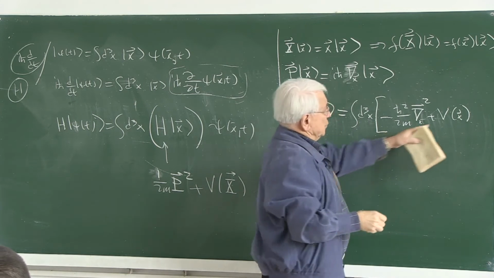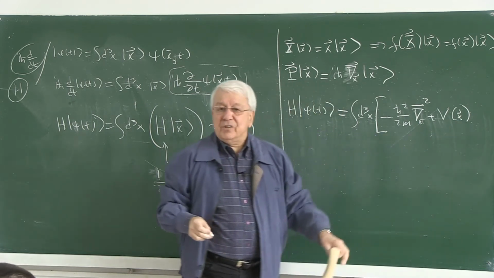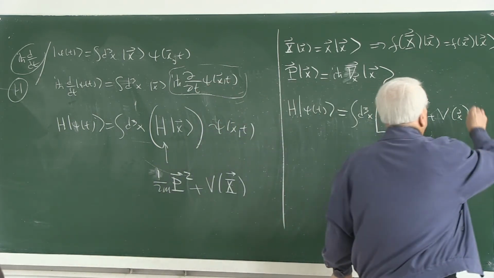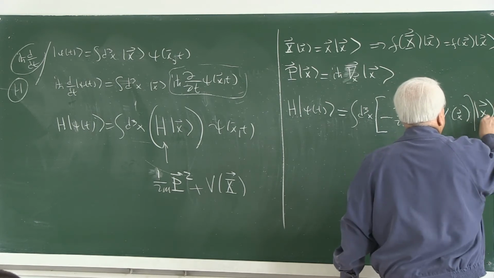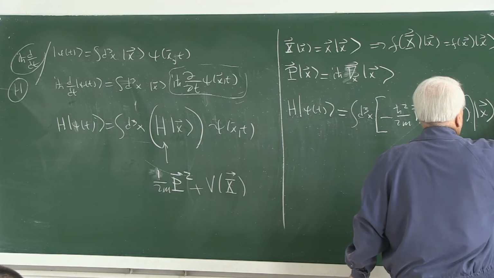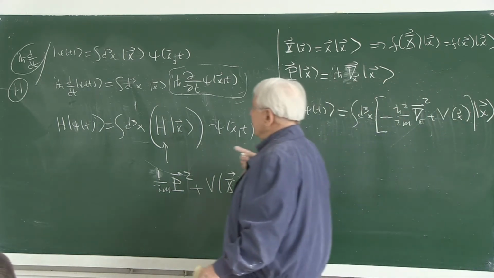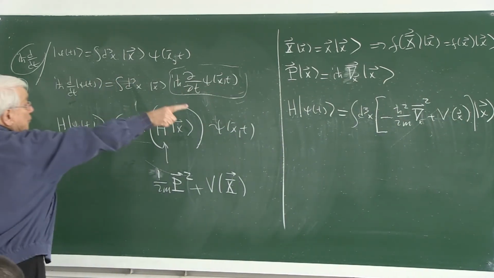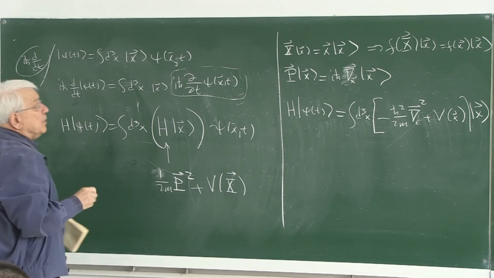Using that theorem, this becomes V of x, a c-number, times x, acting on psi of x, t. So that's the right-hand side of the equation. Continuation is there. That's the left-hand side of the equation.